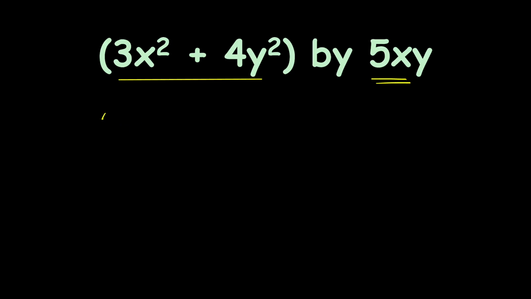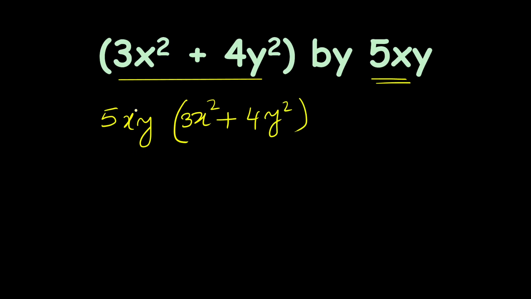That means 5xy, we have to multiply by 3x square plus 4y square. That means we have to multiply this monomial by each term of the binomial. Here 5xy we have to multiply by 3x square and also 4y square.